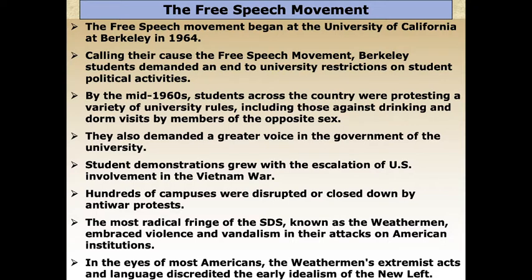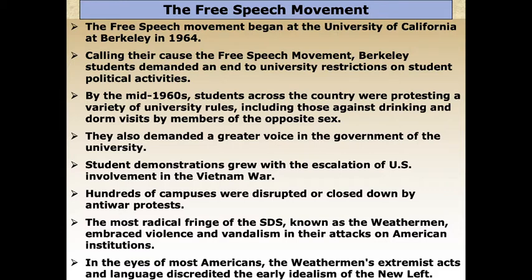Across college campuses throughout the mid-60s, they're going to be protesting university rules that go against the right to drink, dorm visits by members of the opposite sex. I mean, there are some strict rules going on campus, so they're kind of fighting against those.